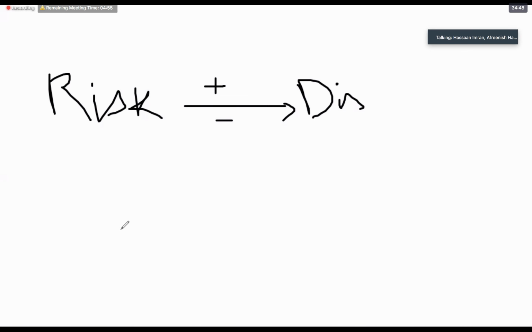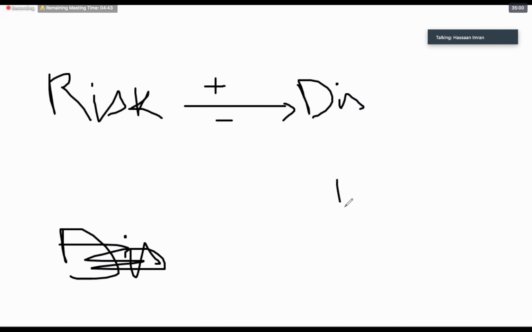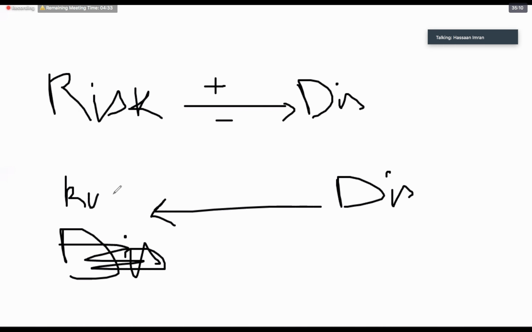But if you have taken a start with the disease and you are trying to search, sorry, let me write down the same here. Whether you want to link some disease with the risk, whether the risk is there or not, this means we are looking for the associations.